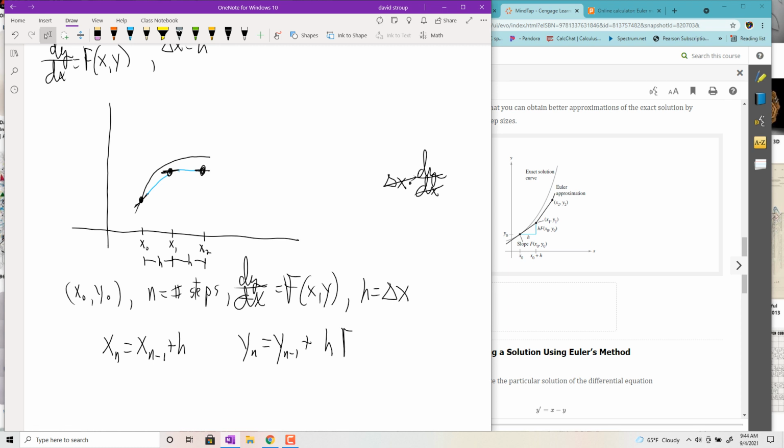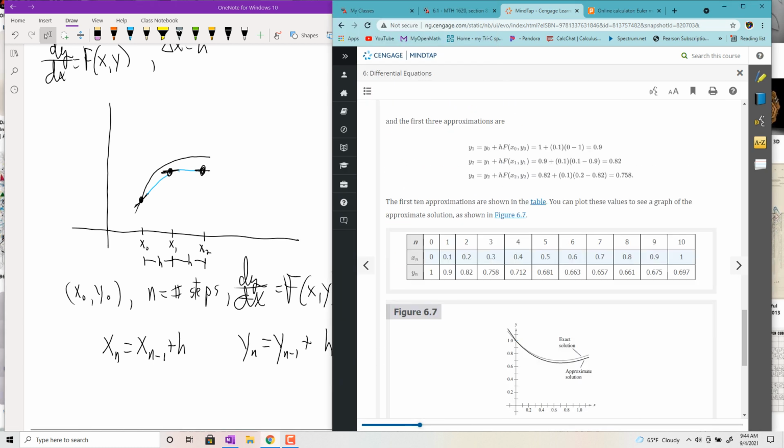And of course, they don't use dy over dx, they just use this f of x sub n minus 1, comma y sub n minus 1. The previous point plugged into the differential equation. Okay, it's an iterative method, and again, it is time consuming.